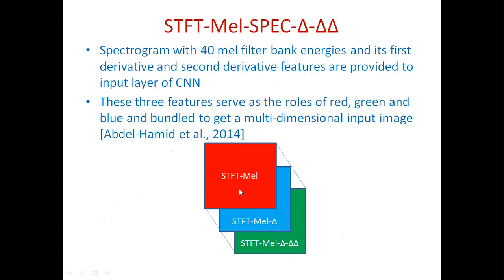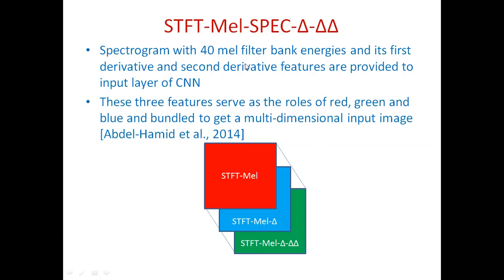Like in image form, when we give it in this form, it treats the first layer as red, the second layer as green, and the third as blue, like RGB in an image. It takes these components as red, green and blue components, and then the final image is considered as the input to the CNN.